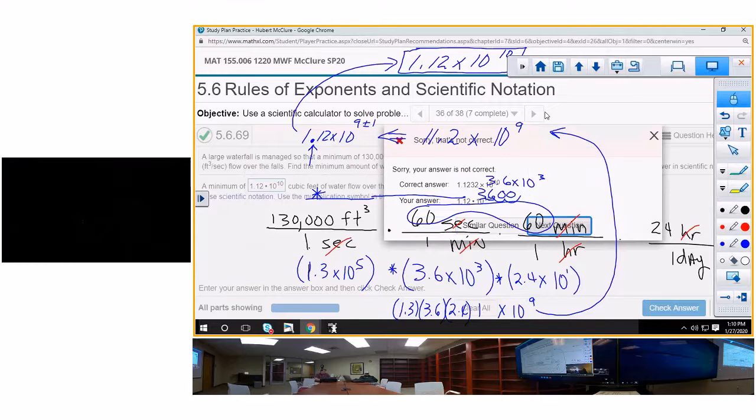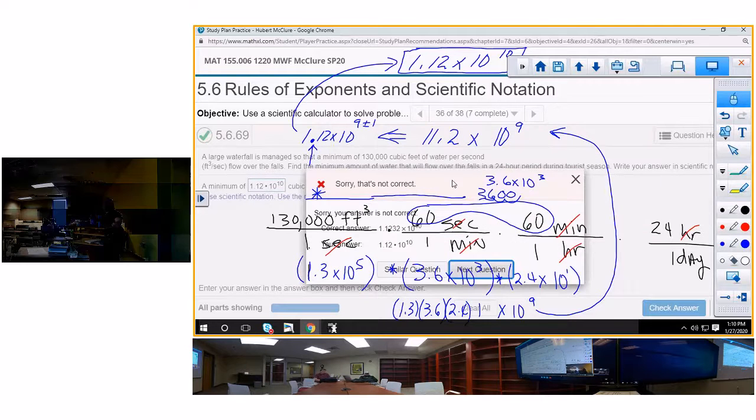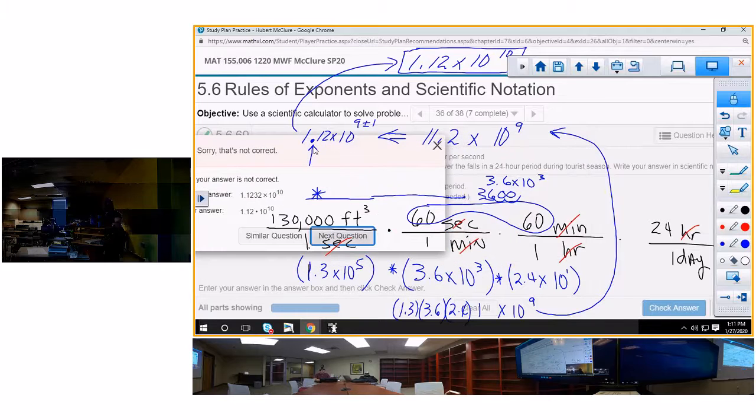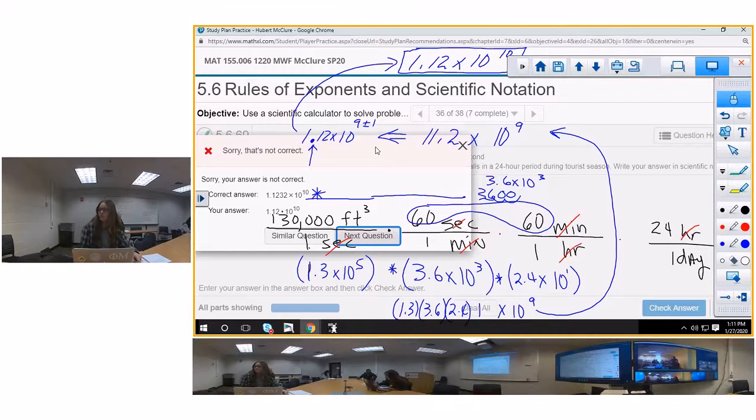If you got 1.12, somebody must have rounded this off. Somebody must have rounded 11.2 off. Somebody take 1.3 times 3.6 times 2.4 and tell me what you get. It was 11.232. Okay, so y'all got it wrong.